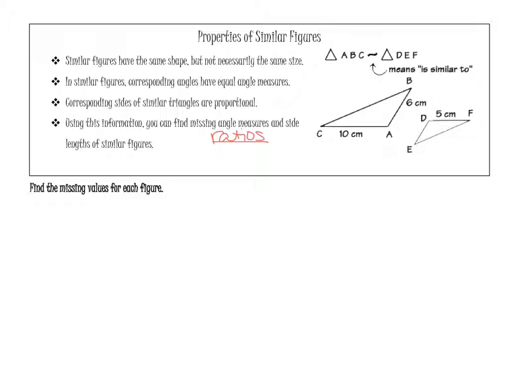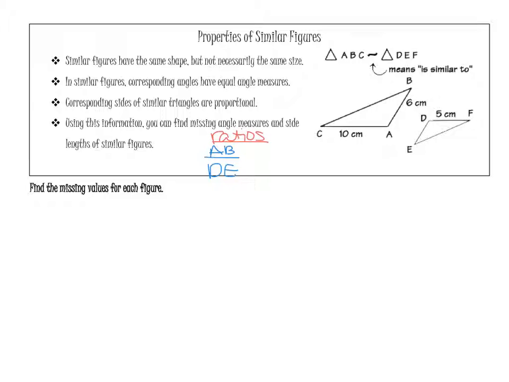So without even looking at a picture, I can look here and I can say that side AB corresponds to, and since AB comes first in my name, that corresponds to side DE, which makes sense. AB, DE. It's flipped a little bit, but those two sides are the corresponding sides, okay?